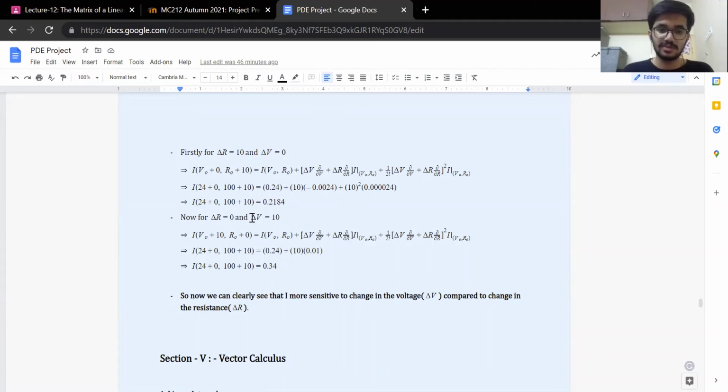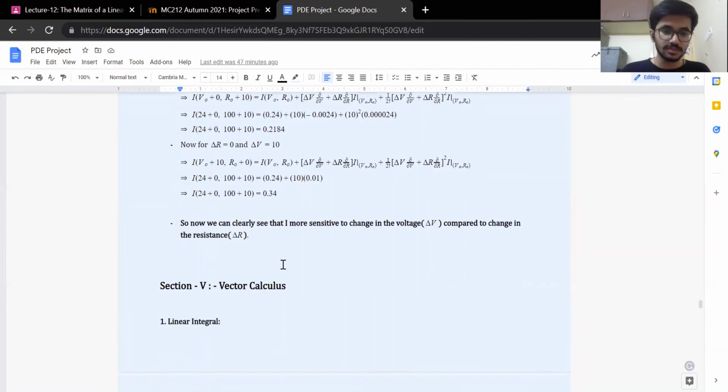With the same procedure, I took the increment in voltage and found that it's increasing more. The increment of I with respect to V was more compared to R. So I is more sensitive to the change of voltage compared to the change in resistance.